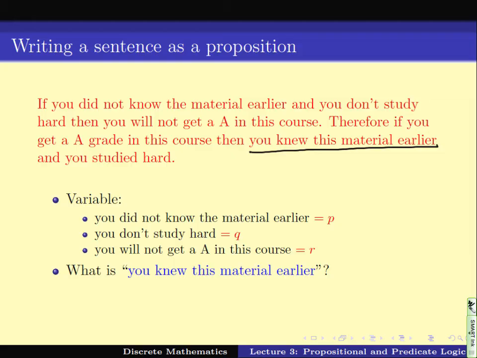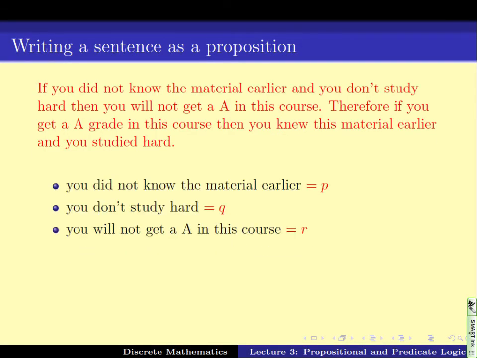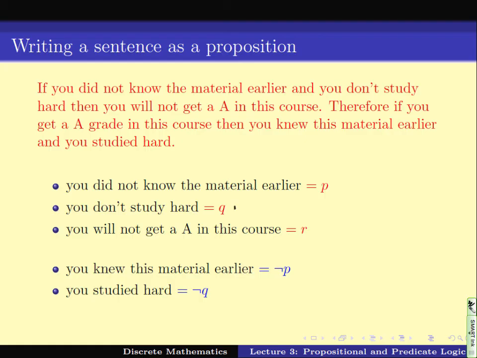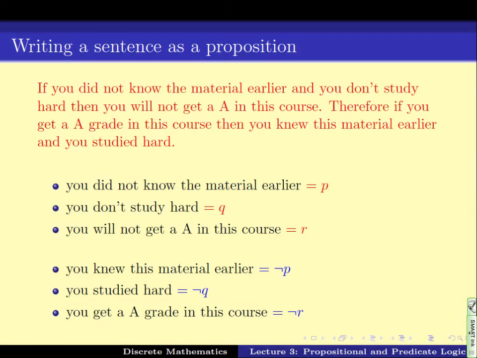Note that if P is the variable indicating you did not know the material earlier, then you knew this material earlier is nothing but not of P. Thus, after we have put variables for these three statements, we can have you knew this material earlier as not P. Similarly, you studied hard is nothing but not Q. And you get an A grade in this course is nothing but not R.